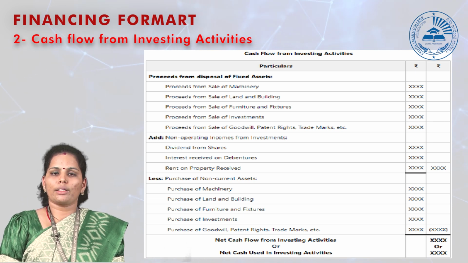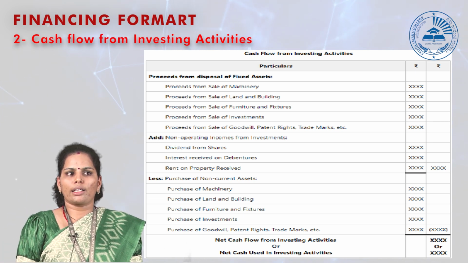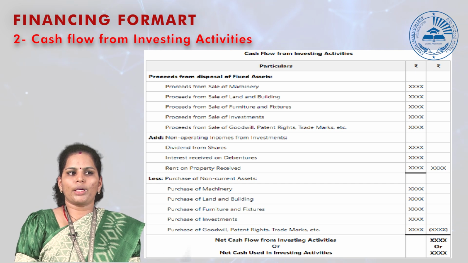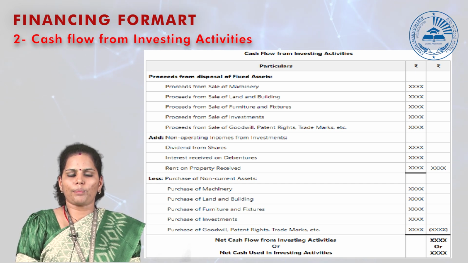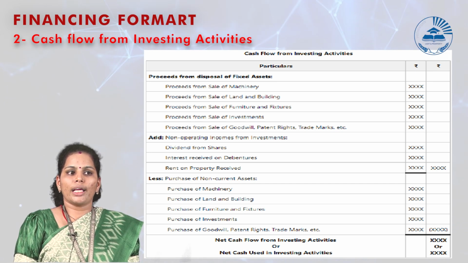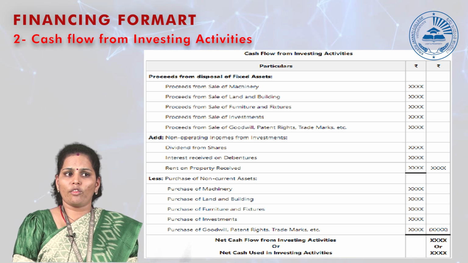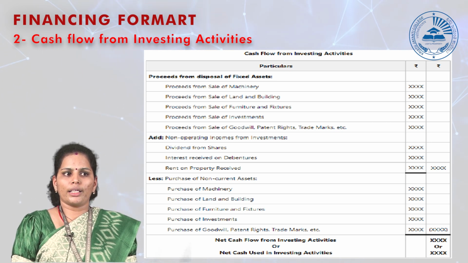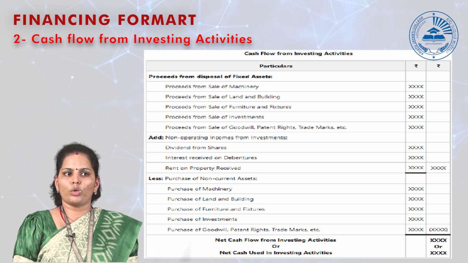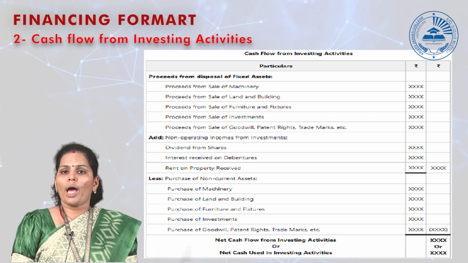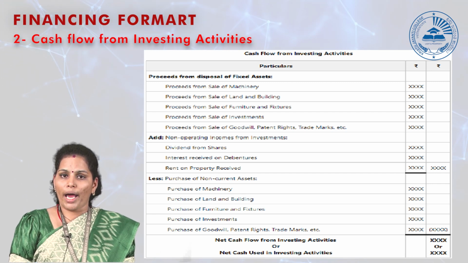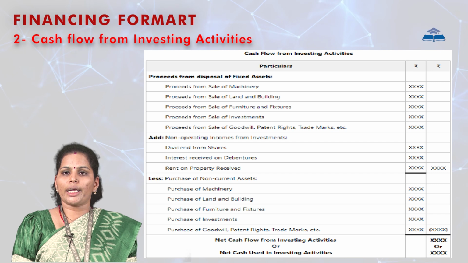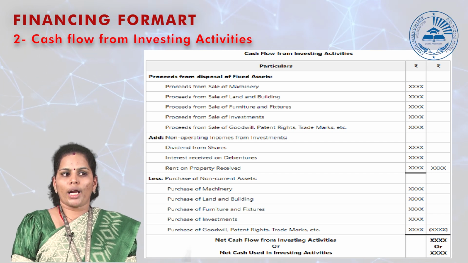Now the second activity, that is investing activity. In investing activity also two things will come. The first part is sale of machinery, sale of land and building, sale of furniture, sale of investment, sale of goodwill, patent right, trademark. I mean, whatever activity from which you are generating cash, we have to write first.